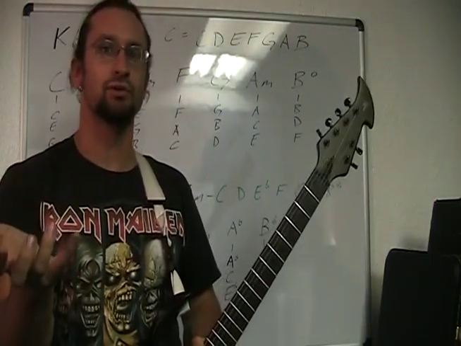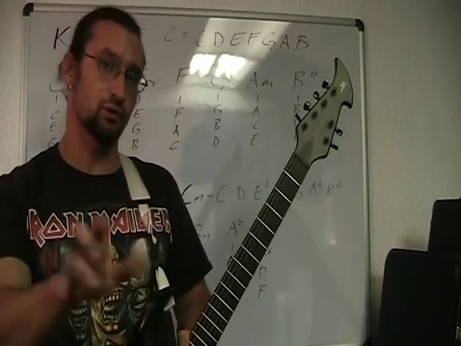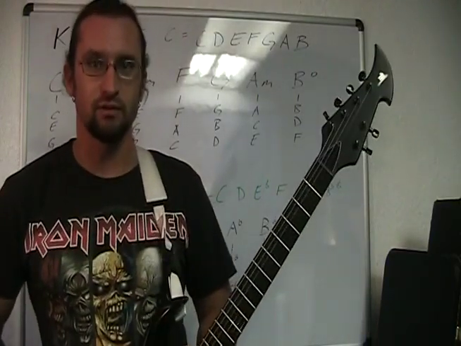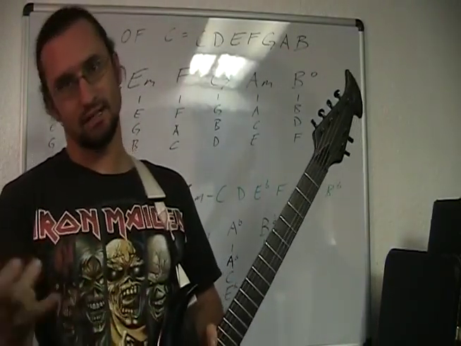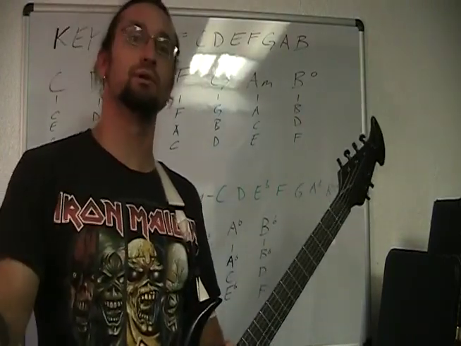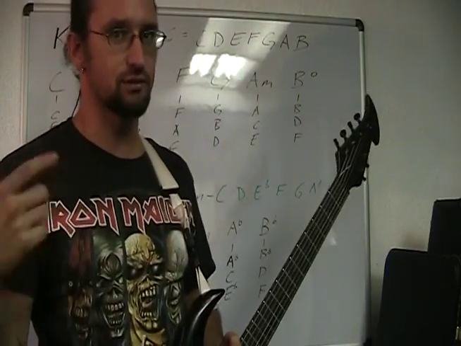So we used the parallel key to throw in a different flavor of sound, and then we just went back into the usual sound that you're most used to hearing.